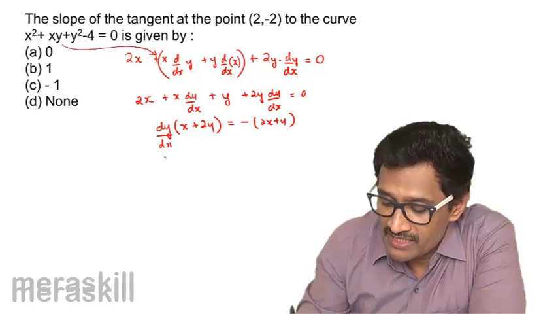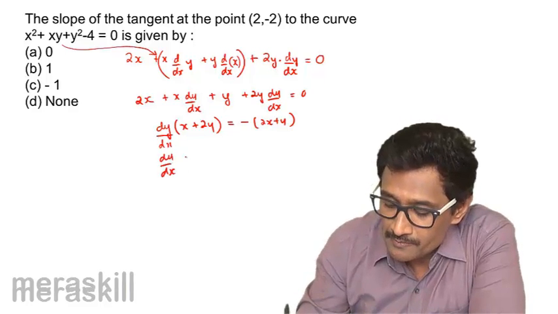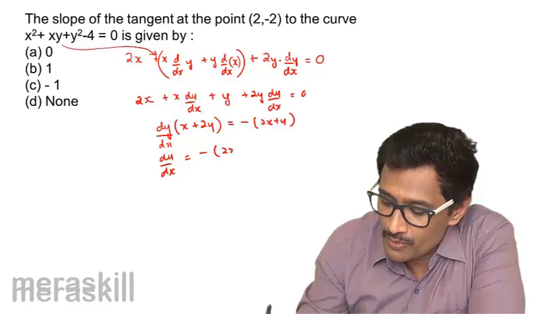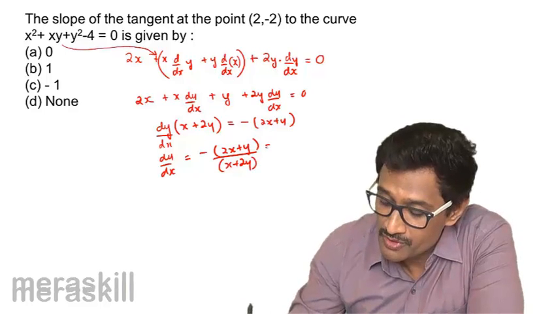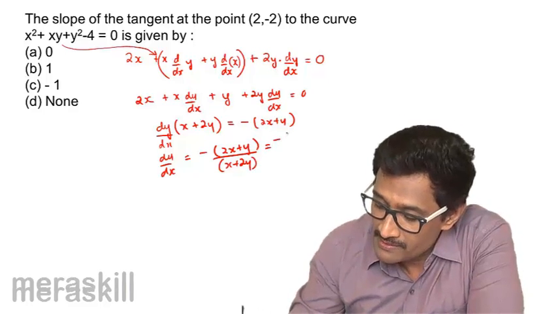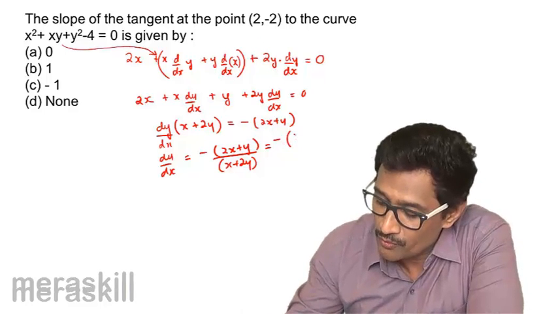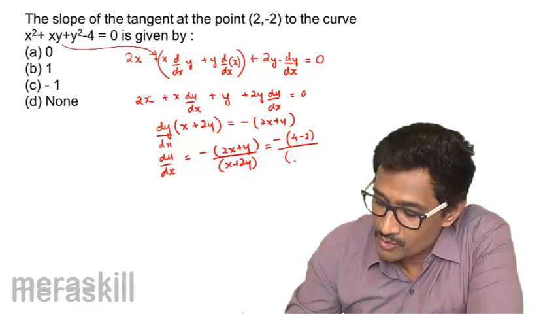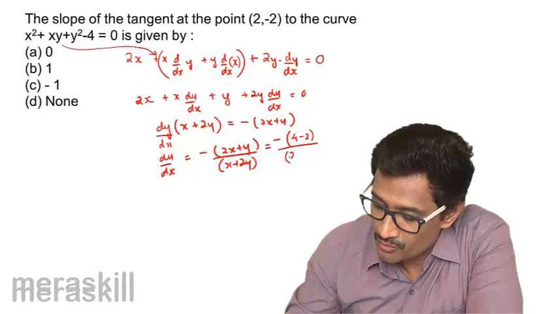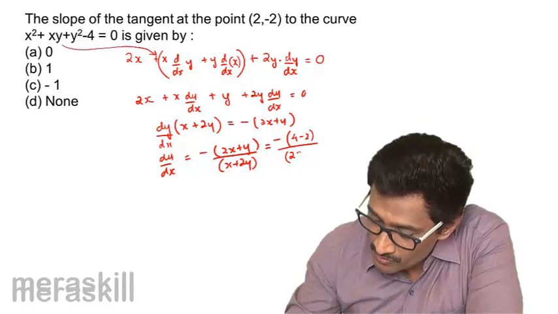So we have dy by dx as minus of (2x plus y) upon (x plus 2y). Hence we substitute the value. So minus of 2x, 2 into 2, 4, minus 2, upon x plus 2y, that is 2 plus 2 into minus 2, minus 4.